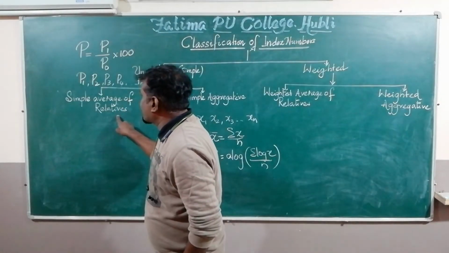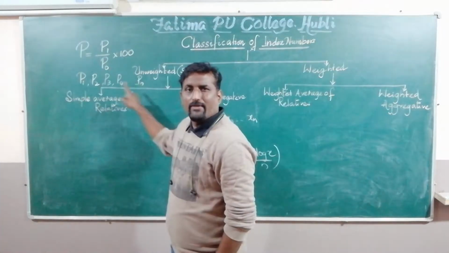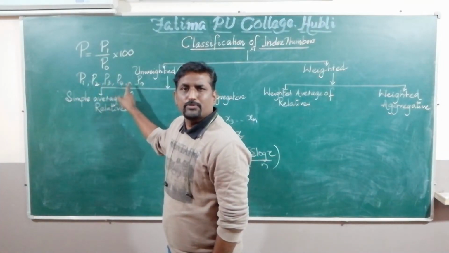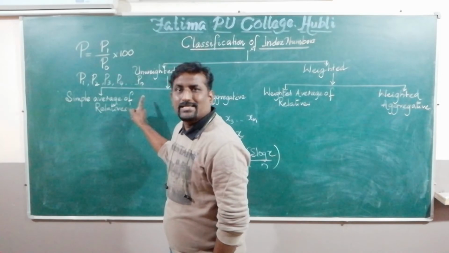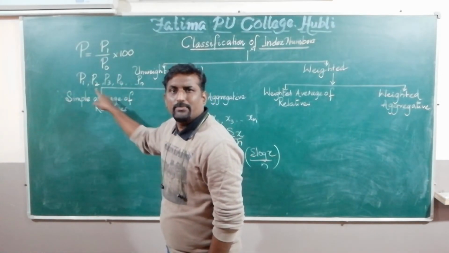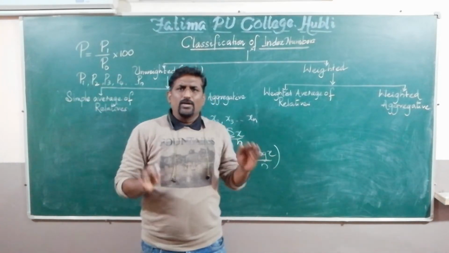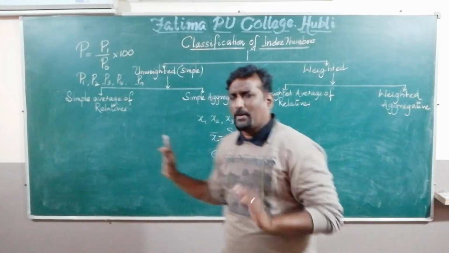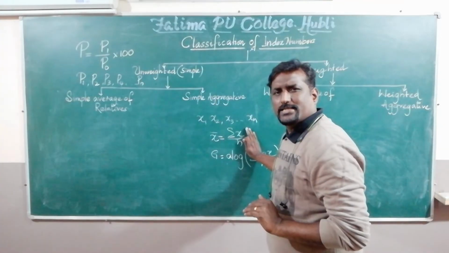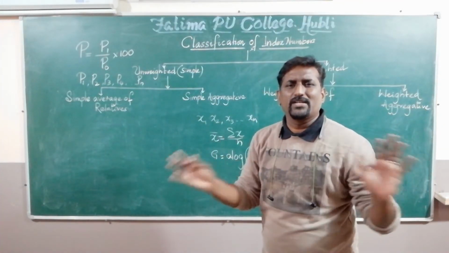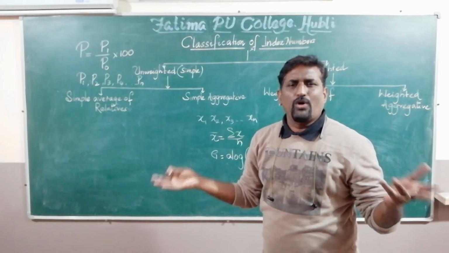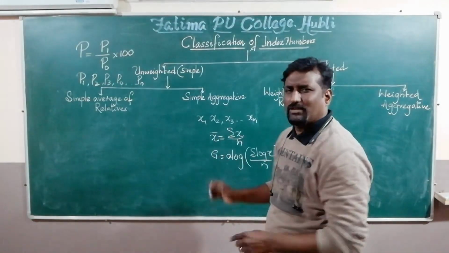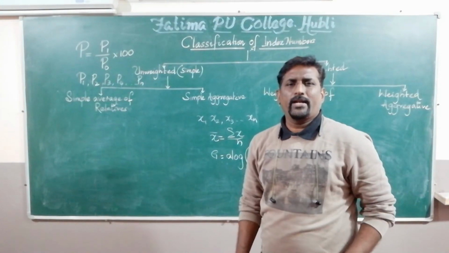Average of relatives, average of P1, P2, P3 up to Pn: geometric mean of these, arithmetic mean of these, not of x. The only change, if I have to compare this x data and P data, is x and P. That's it. So on that basis, we get the first formula in index number.